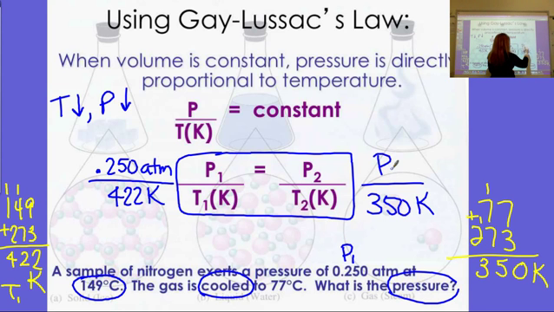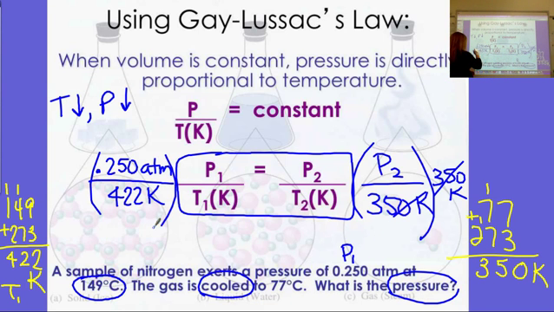I'm solving for final pressure, or P2. Again, we're solving this the same way. In order to get P2 by itself, I have to multiply both sides by 350 Kelvin.